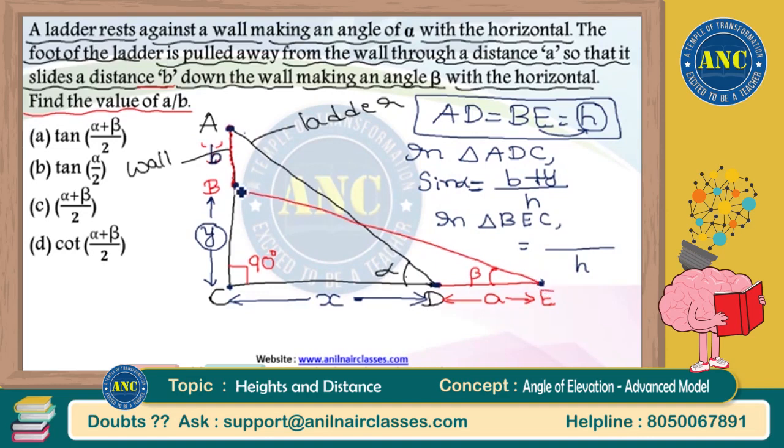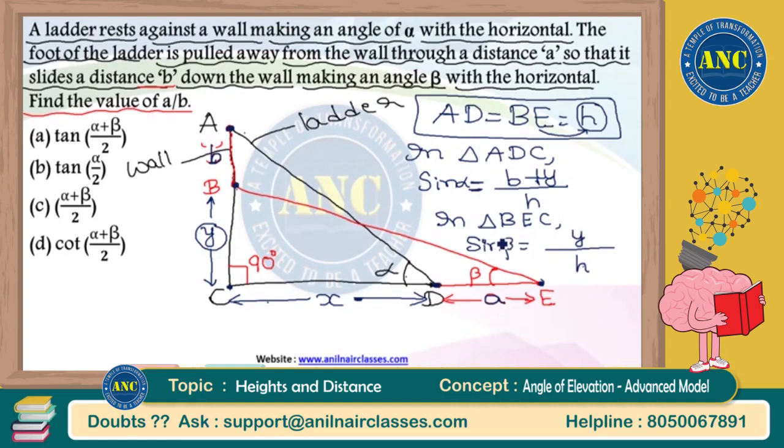Now opposite to angle beta is Y, that is something which I assumed. Adjacent is X plus A. Just one minute before I told you, let us have one variable at least which is given in the question. A is given but Y is something which I assumed. But still in this particular case, I will take it as Y itself. Why? Because opposite by hypotenuse, I will again take it as sine beta.